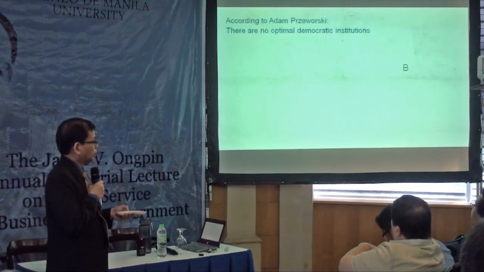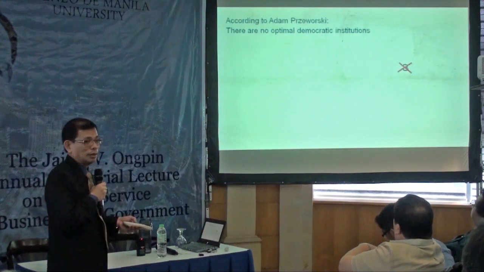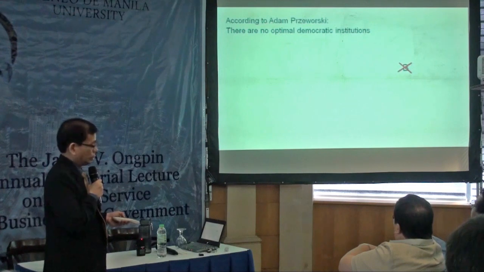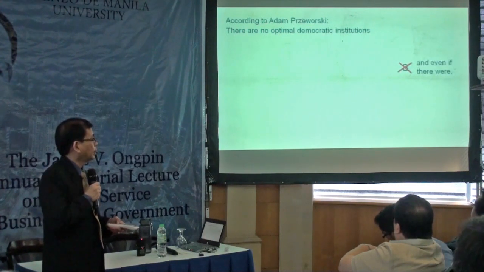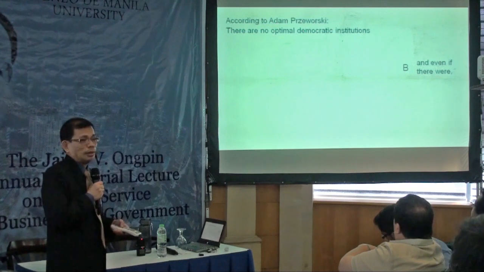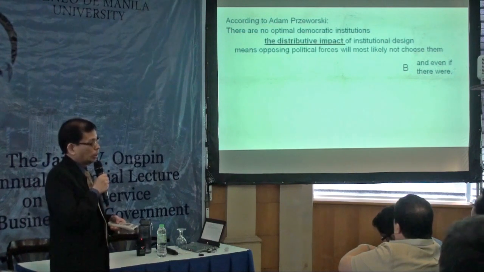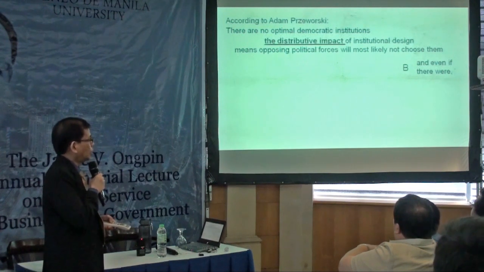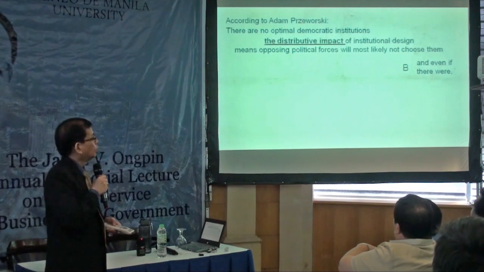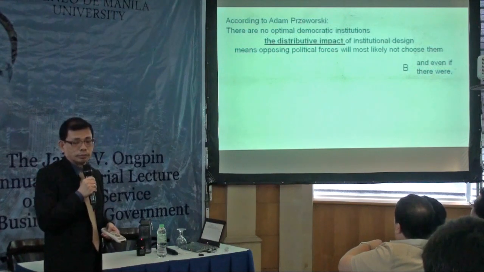So we could diagram this: no such thing as an optimal democratic institution. And even if there were, the distributive impact of institutional design means opposing political forces will most likely not choose them.